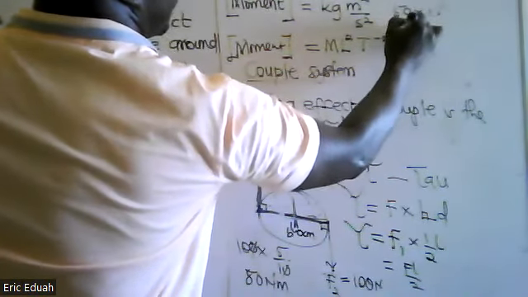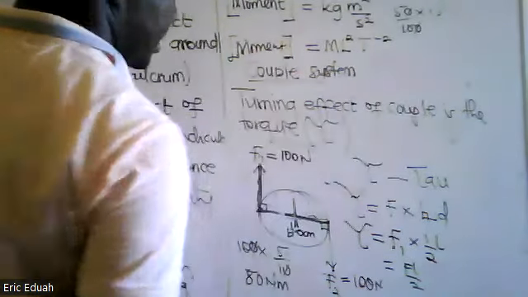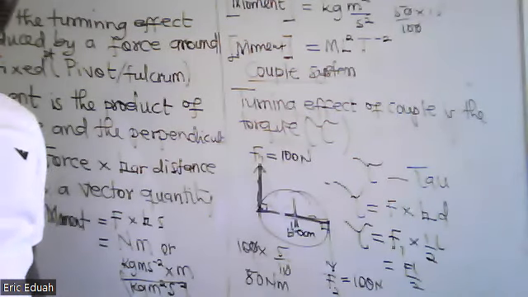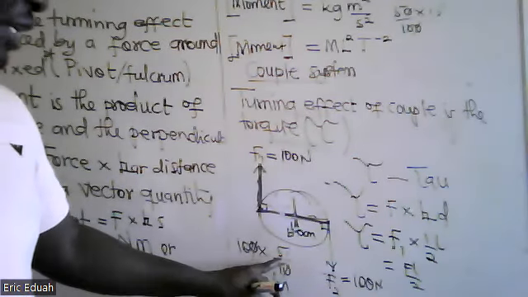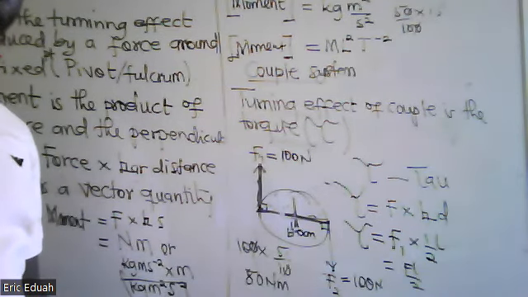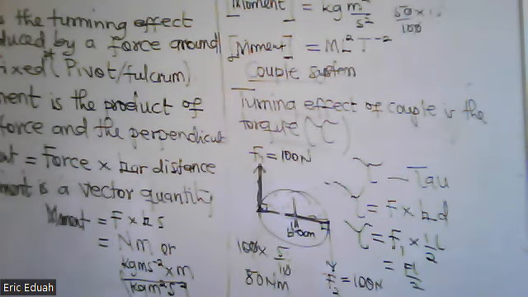So 50 divided by 100. That is 0.5. Oh, okay. Don't forget, 100 centimeter is 1 meter. So 50 centimeter will be what? Half of it. So 0.5 meter. Anita, are you fine? Yes, please. All right.